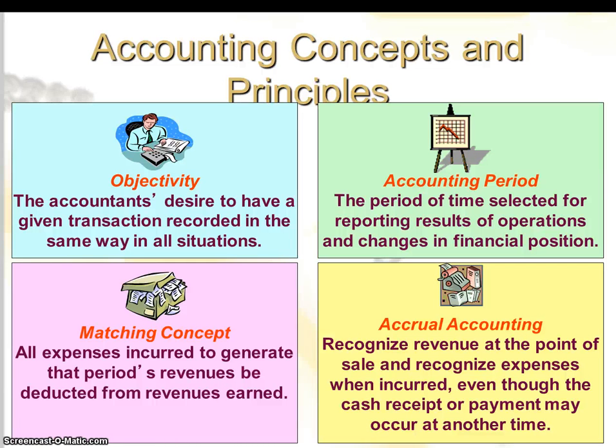So the general idea of the matching concept, it applies to the income statement, and the general idea is for every dollar of revenue, you want to identify the associated expenses to generate that revenue. So remember, I tend to think of revenues in terms of the effort or the accomplishment, and then expenses being the effort to achieve that accomplishment. So we always want to net the two to arrive at net income.